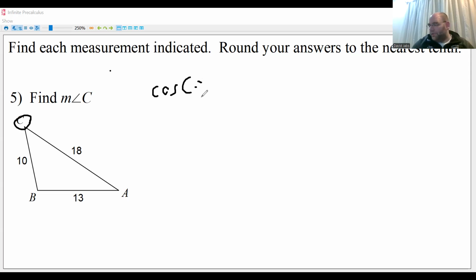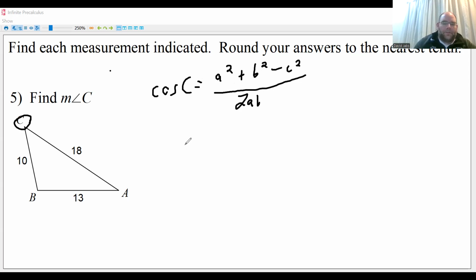All right. So this one, we're going to use what? We are going to use A squared plus B squared minus C squared all over 2AB. All right, so let's just plug things in. So we're going to have the cosine of angle C. We still don't know what angle C is.